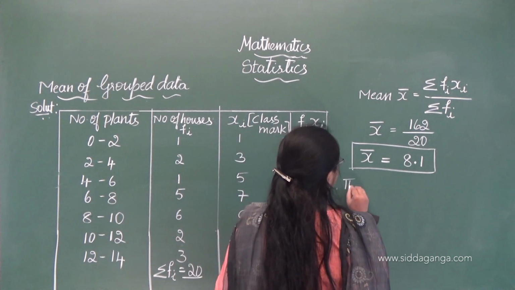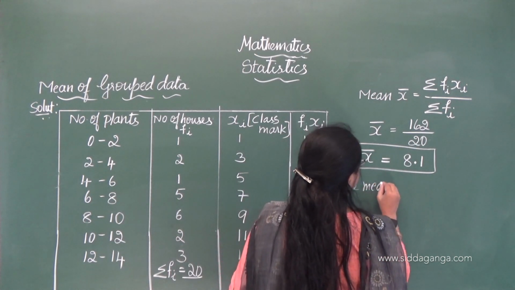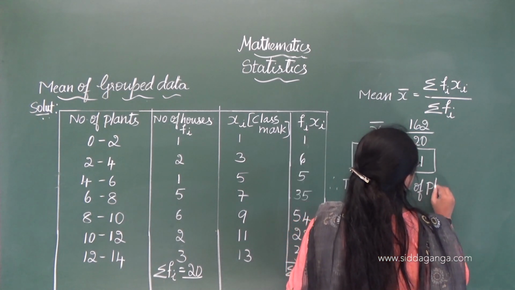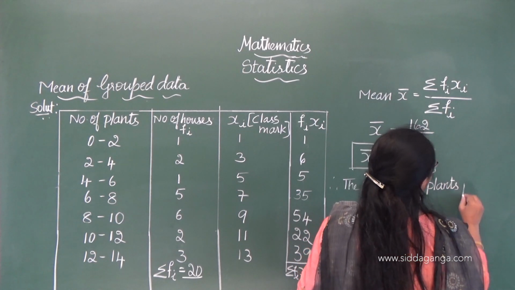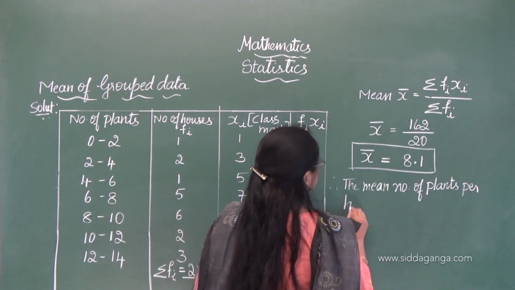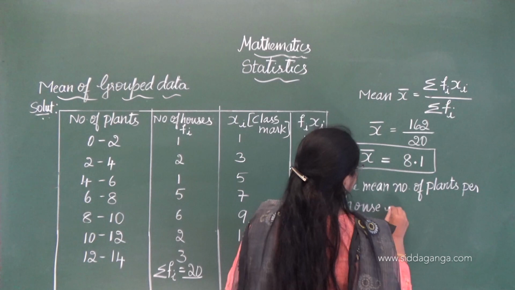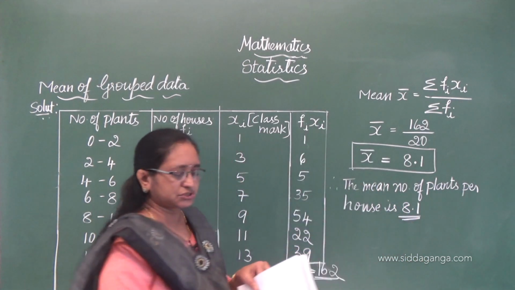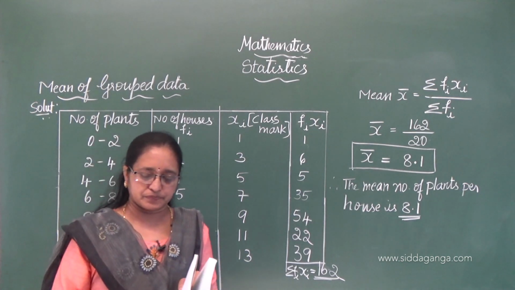Therefore, the mean number of plants per house is 8.1. This is the conclusion you have to make.